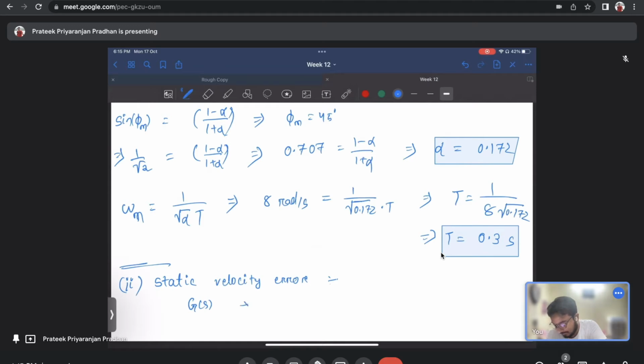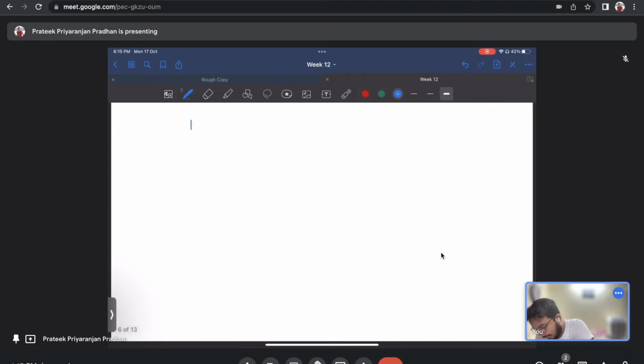Then Kv is equal to the limit as s tends to 0 of s G of s. I hope you remember this. So in our question Kv is given to be 5.